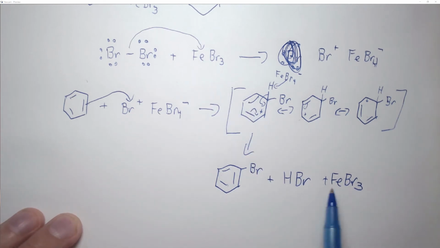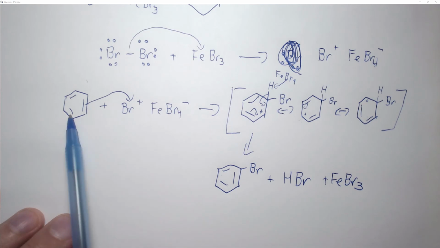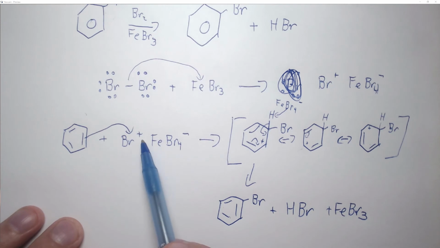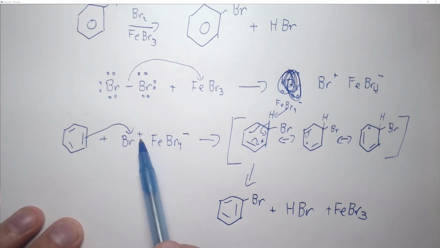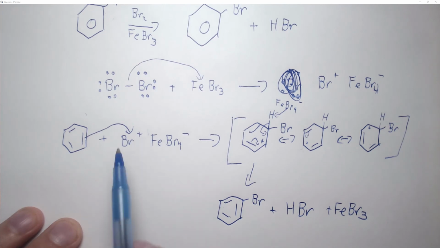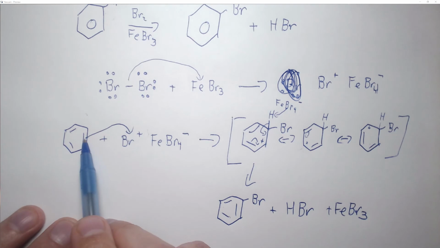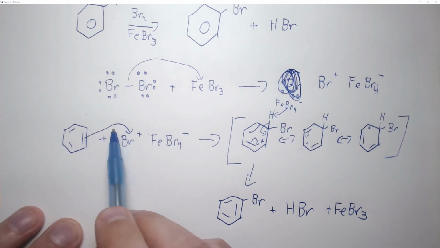But, not super important. So the electrophilic aromatic substitution involved an electrophile. This electrophile happened to have a discrete positive charge. Okay. We also had, of course, a nucleophile, and the nucleophile was the pi bond of the benzene ring.